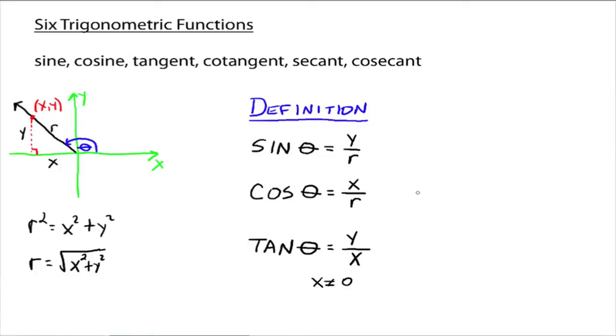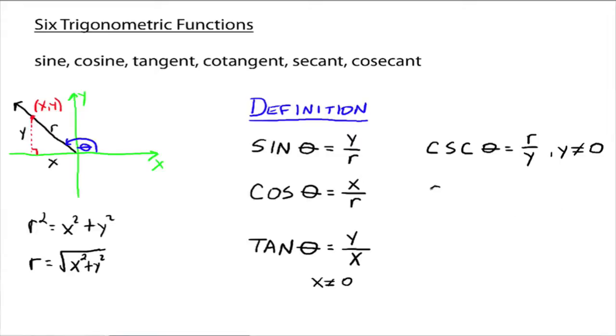The next one I want to do is cosecant. The notation we're going to use for cosecant is CSC of theta, and that's defined to be r divided by y, provided that y does not equal 0. And then let's do secant.